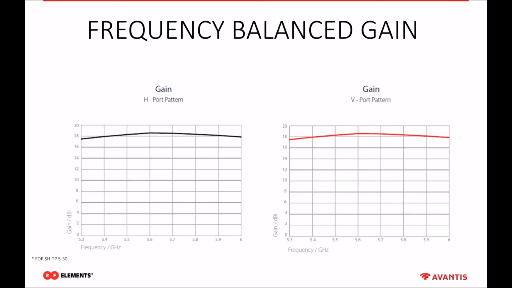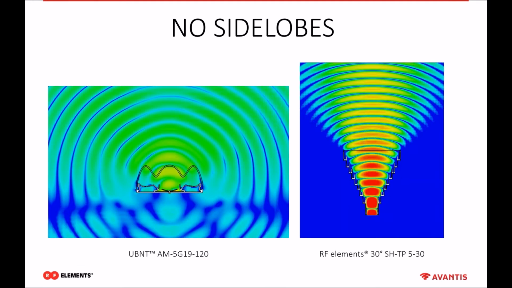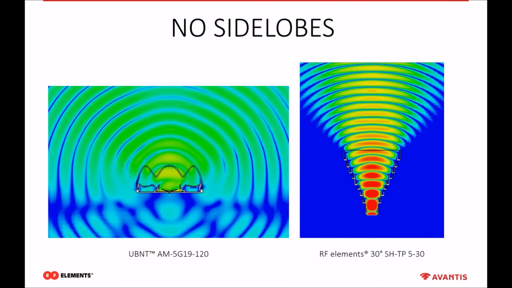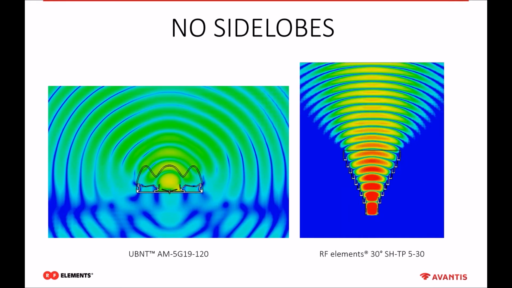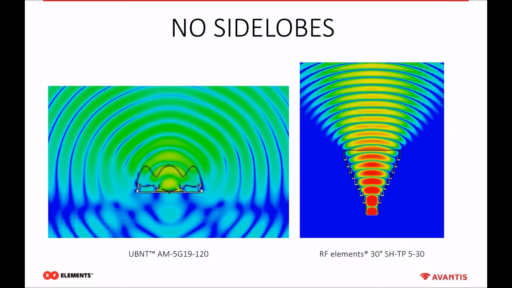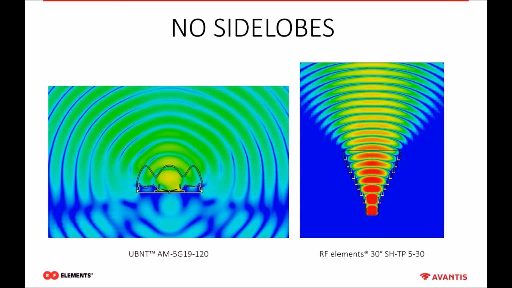Symmetrical sector antenna has one big benefit, and one of it is side lobes. So here you can see a very popular antenna, a Ubiquiti AirMax antenna, 19 dBi, 120 degree radiation angle.